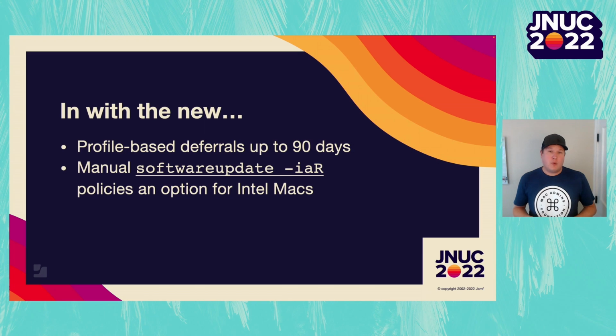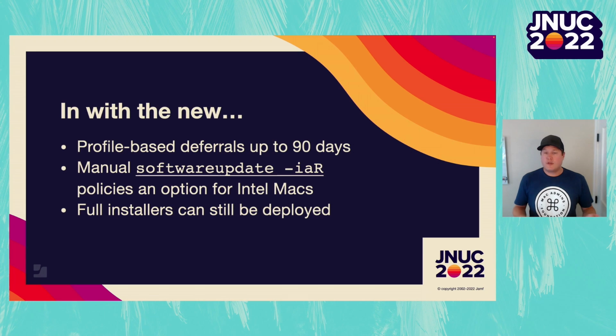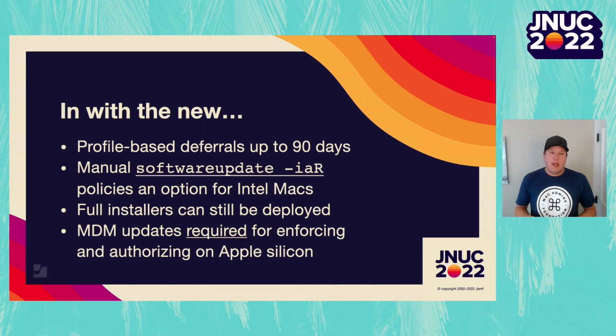You can do software update framework updates in a policy if it is Intel. So if you want to have the software update framework handle that restart function, the command that's shown on screen can make that work. Of course, full installers can still be deployed if that's something that you wish for any type of update.